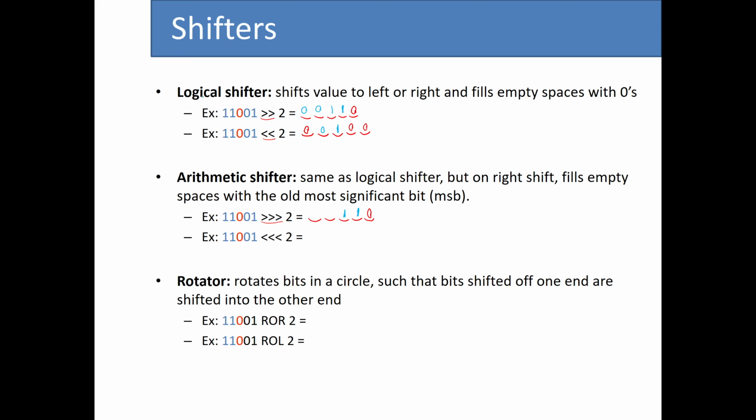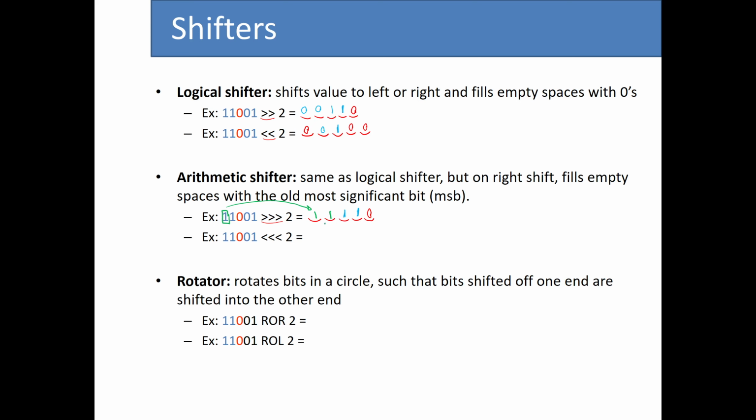In the logic shifter, we filled these empty places with zeros. With the arithmetic shifter, we copy the most significant bit from the original number into these places. So we have 1 here and 1 here.